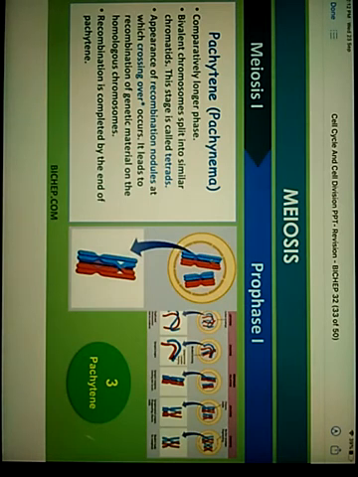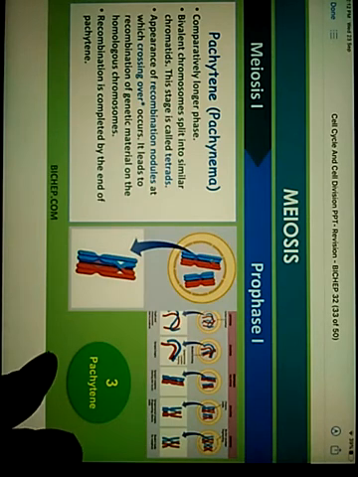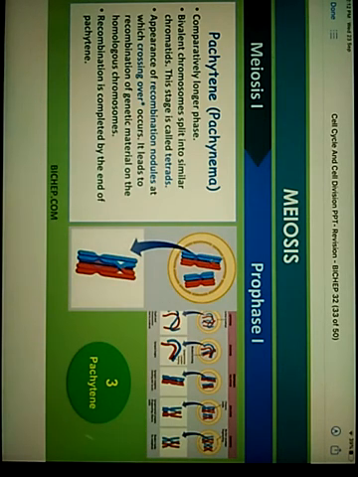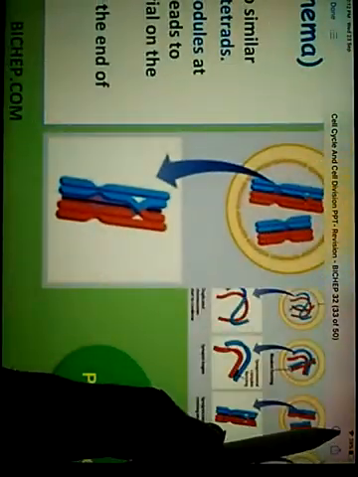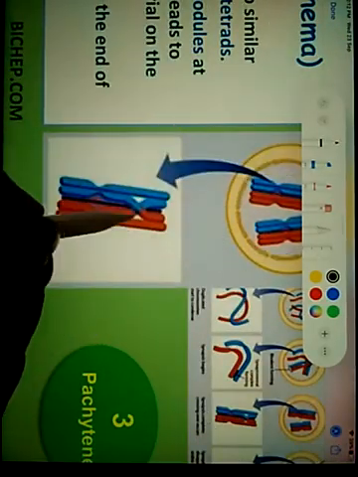Ready? Pachytene. It is the next step of the zygotene. Now why is it the next step? Because the synaptonemal complex which is adjoined becomes more complex.